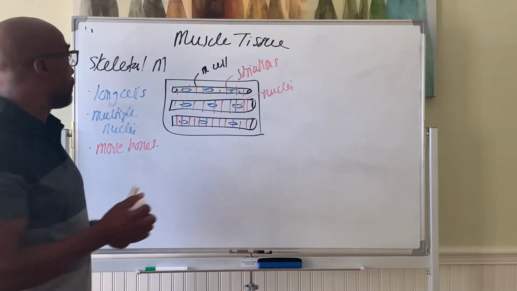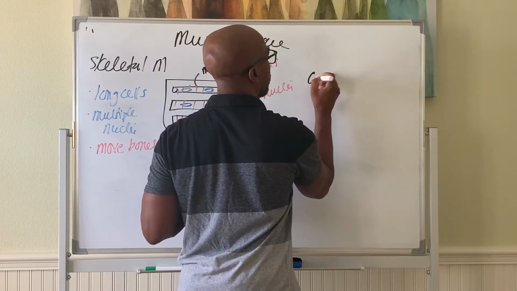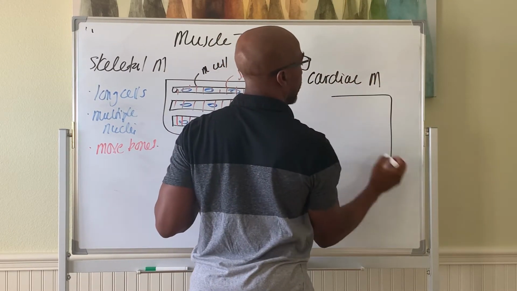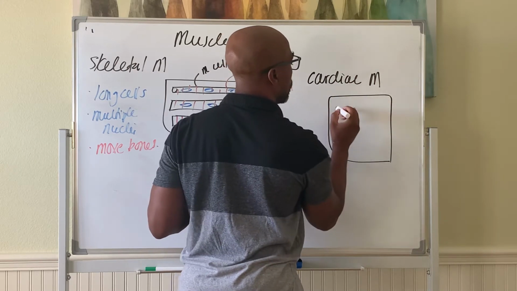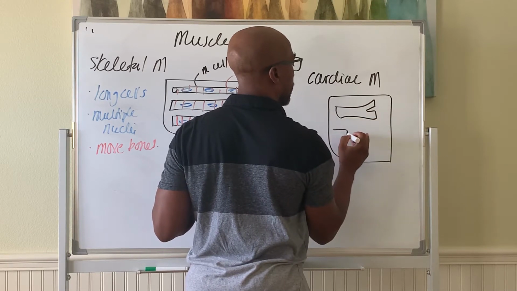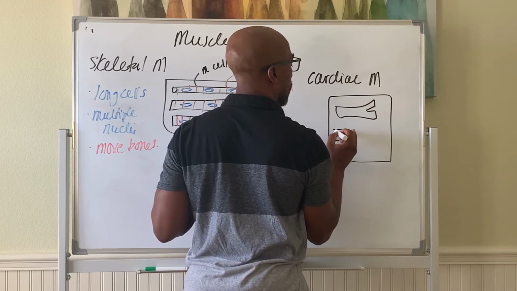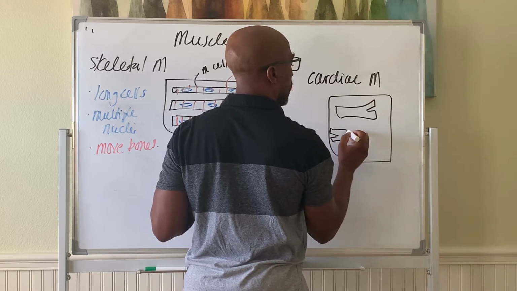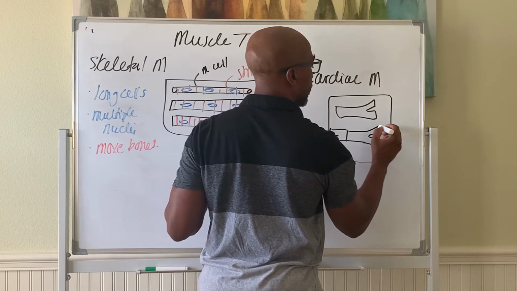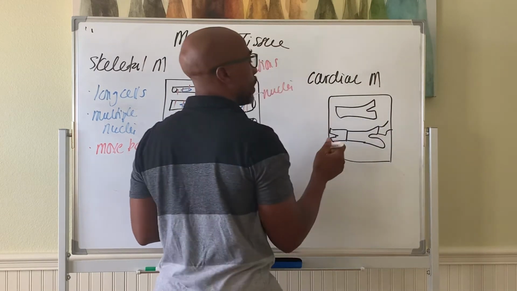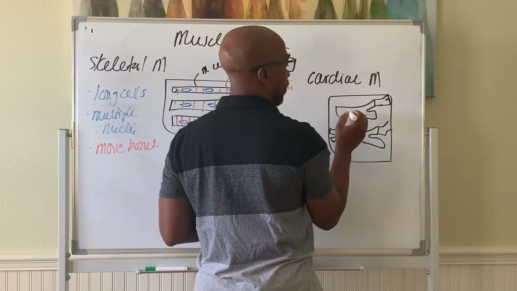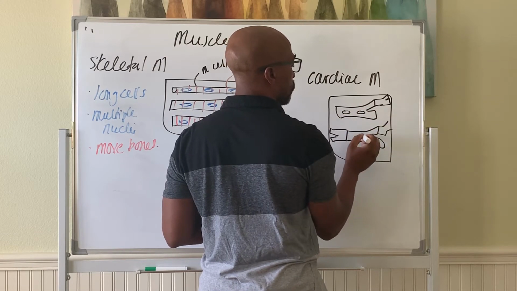Next, we'll do cardiac muscle tissue. Here is a bed, and this time the cells are kind of branched like this. Branched cells, and they join together at special junctions that we call intercalated discs. So here's some right here. Each cell may have one to two nuclei in them.